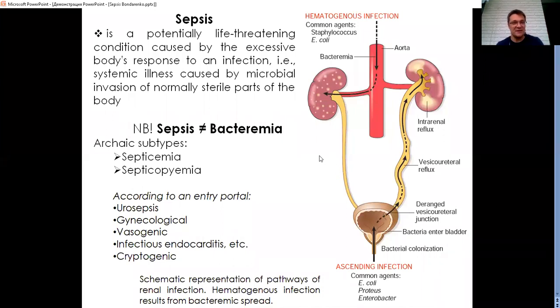So the sepsis definition is here. As you may see, it is a potentially life-threatening condition caused by the excessive body's response to an infection. In other words, it is a systemic illness caused by microbial invasion of normally sterile parts of the body. Do you get it? Normally sterile parts of the body.